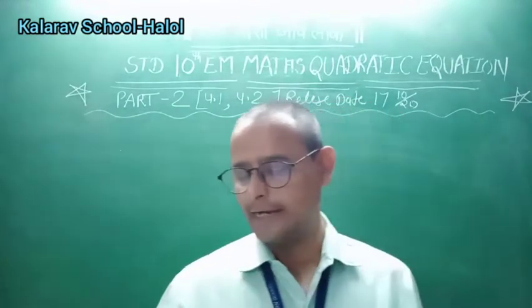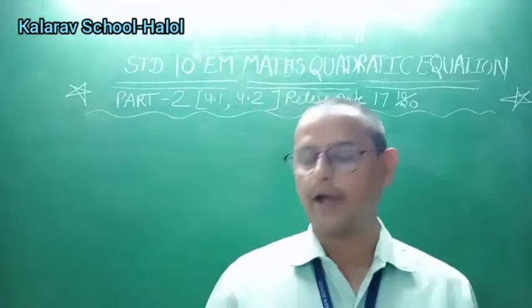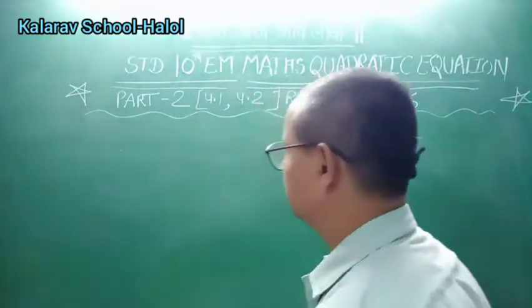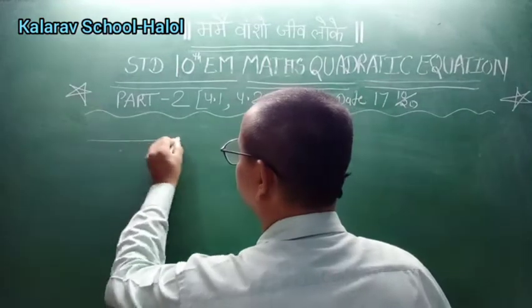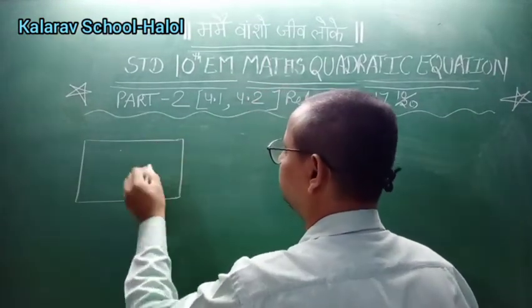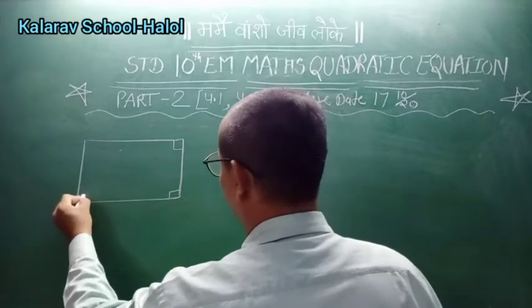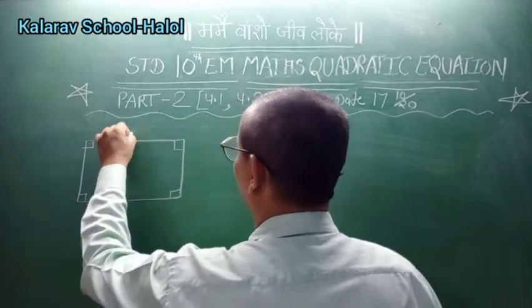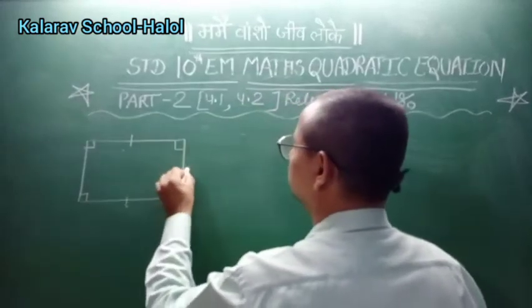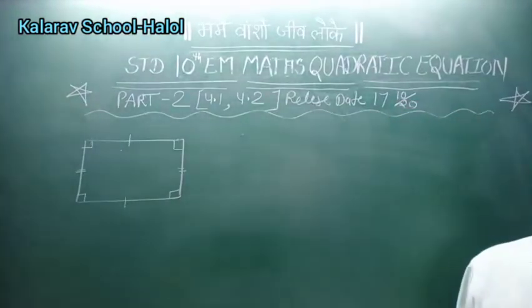It is saying that the area of rectangular plot is 528. See, rectangular plot means with length and breadth are different. Property of rectangle you should know. All sides are 90 degree, opposite angles are equal, and opposite sides are equal.